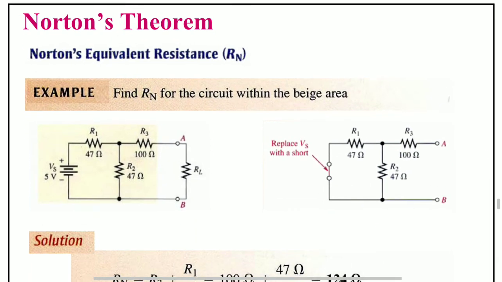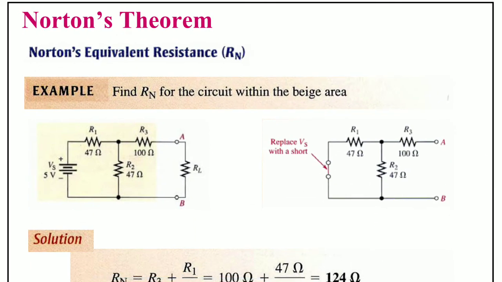Now for example, one example problem on Norton's equivalent resistance. Find Rn for the circuit.